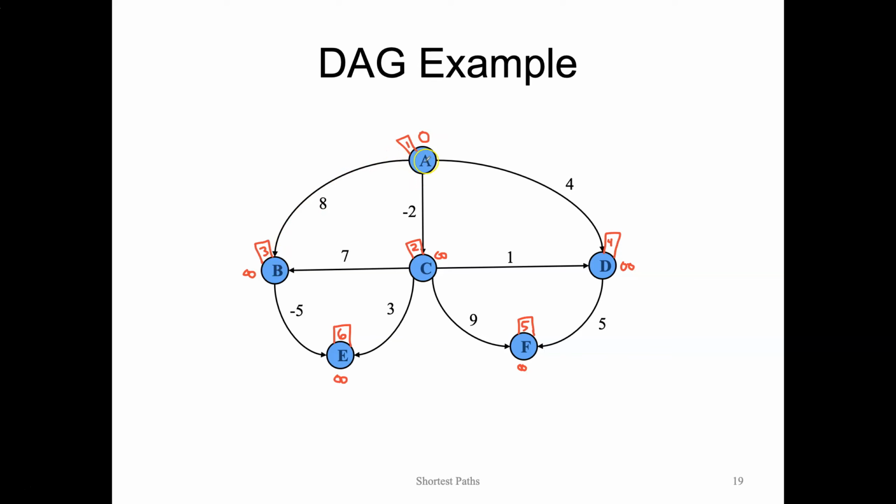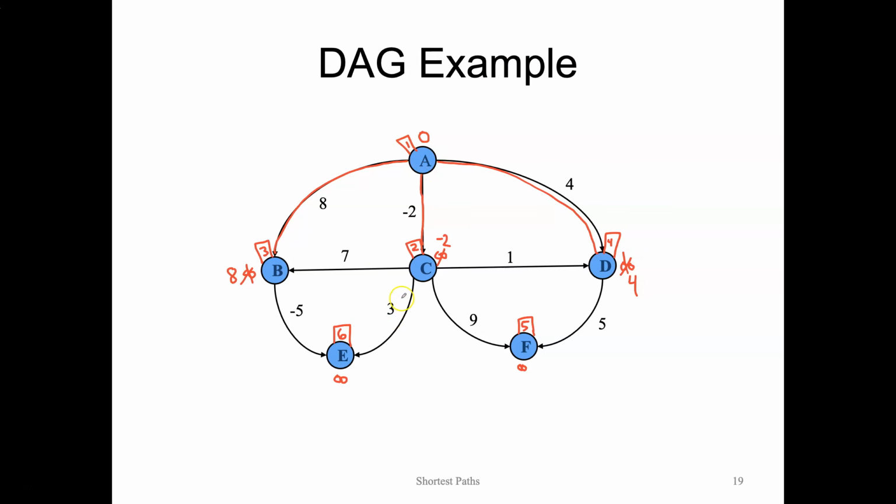We find that along that edge, we can get to B now in 8 steps rather than infinity steps. From A to C, we can get to C now for a total of -2. And from A to D, we can now get to D in a total cost of 4.